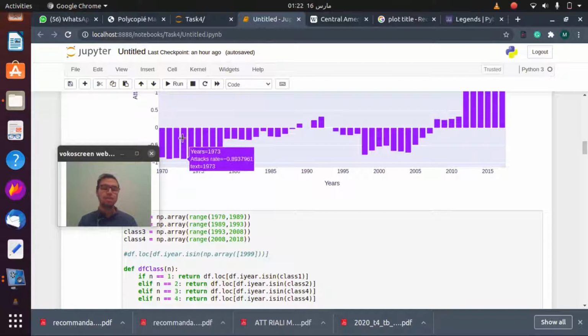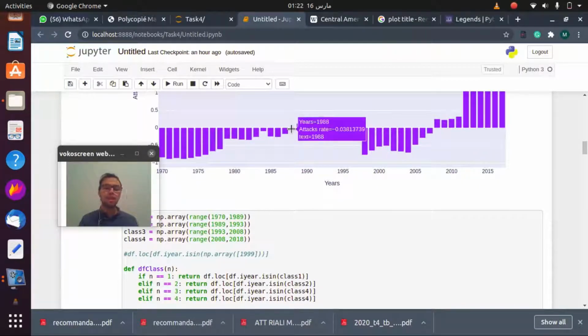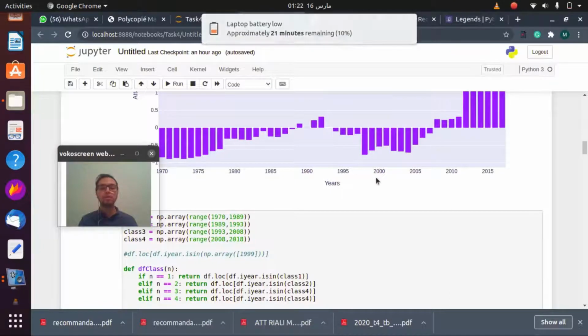The first is from the beginning until 1988, the second is from 1989 to 1993, the third is from 1994 to 2007, and the last is from 2008 until 2017.